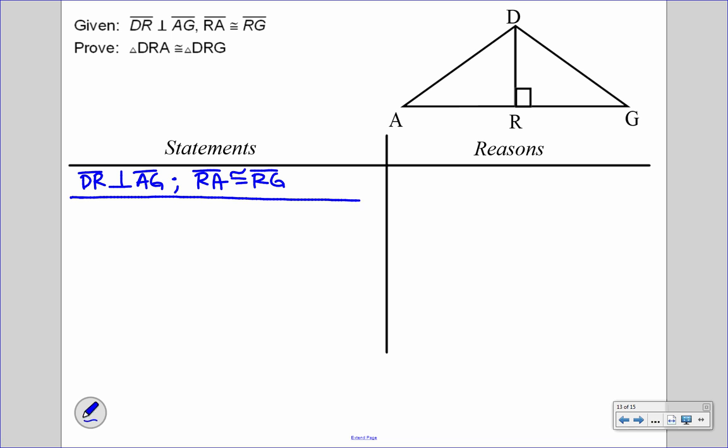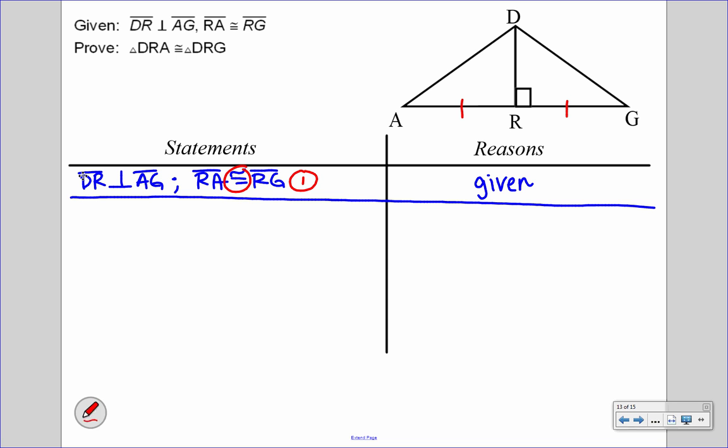That's a given, they've already given us a congruency statement. So that's actually our first congruency statement. It's already written down. All we have to do is label it on the picture. So we actually only need to find 2 more congruency statements.